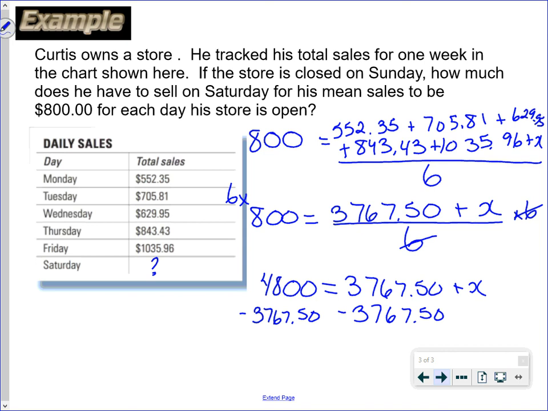So when we do that, we'll end up with $1,032.50, which is the X value. So this is the amount that he needs to sell on Saturday in order to reach his goal of $800 in sales per day for the week.